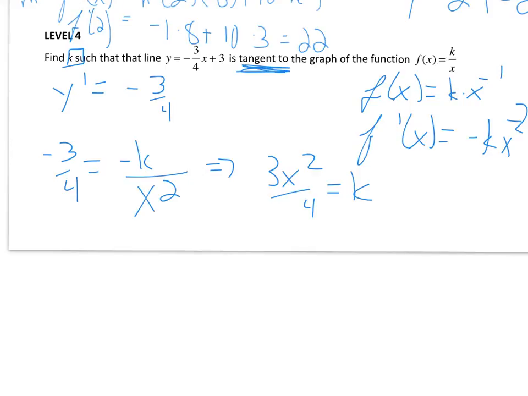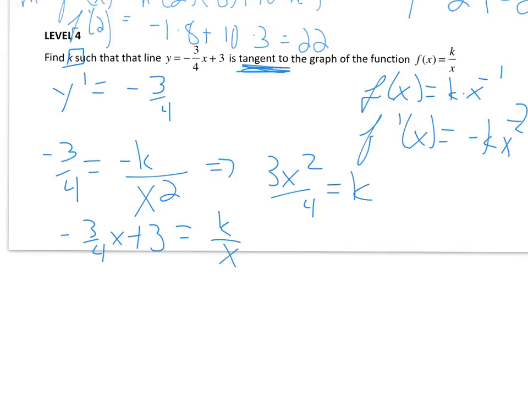So tangent also means that the two graphs intersect at exactly 1 point. So I now have an expression for k. I'm now going to solve for k by saying this line has to be equal to this curve at least once. And now I know what k is equal to. It's equal to 3x squared over 4.